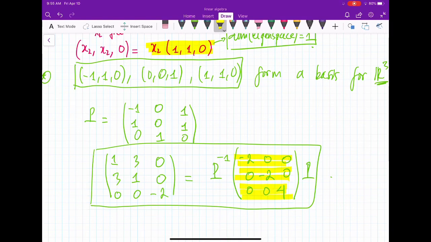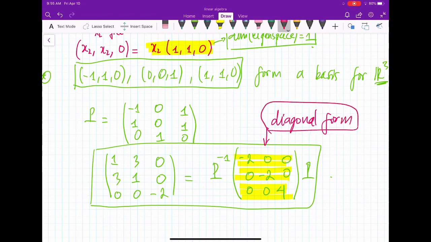This is another representation of our linear transformation. And this matrix has diagonal form. Don't forget that. This is very important for computation because we know that working with diagonal matrices is always easier. Make sense?